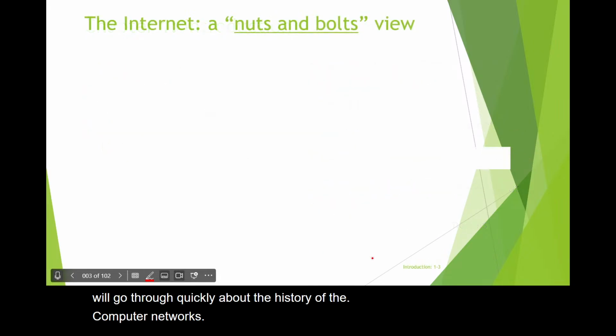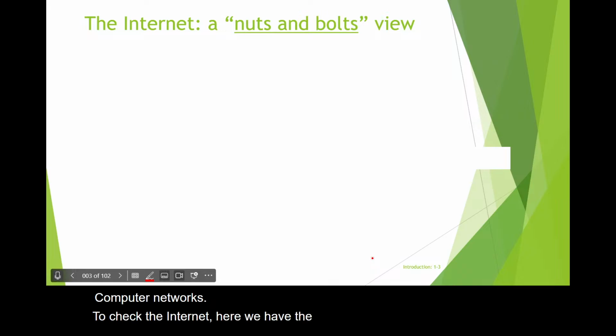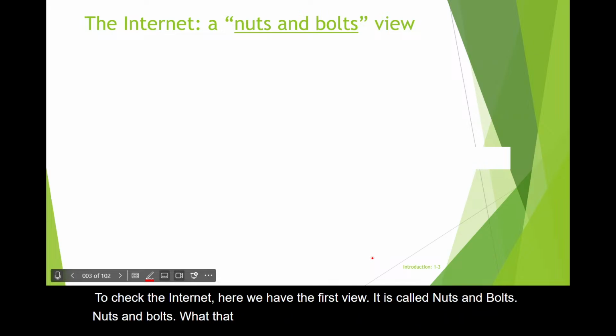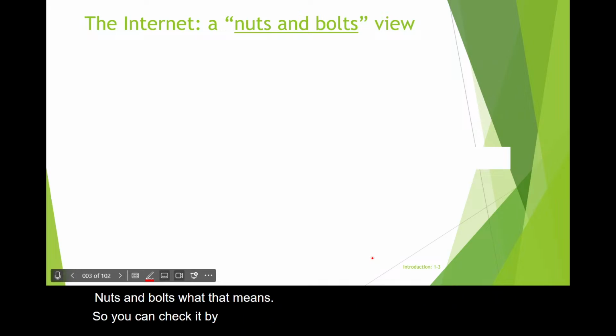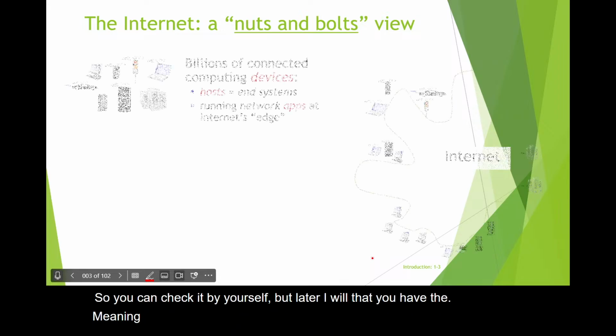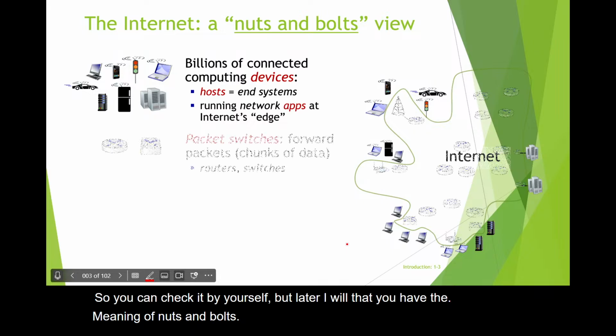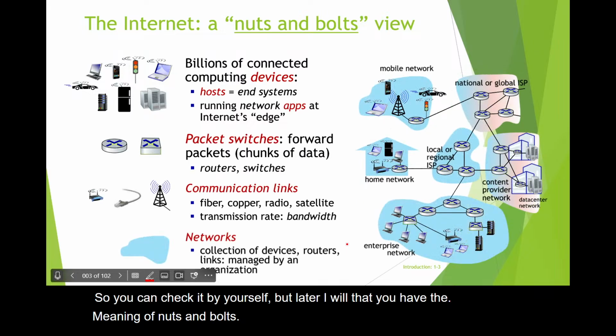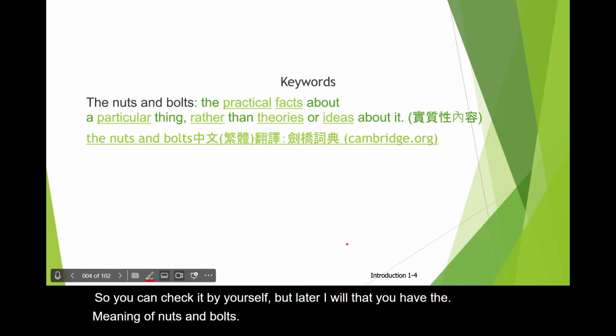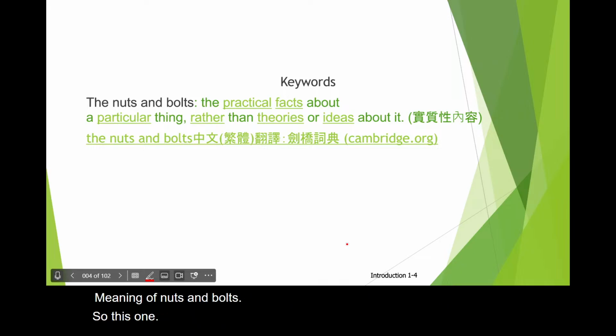Well, to check the internet, here we have the first view. It is called nuts and bolts. Well, nuts and bolts, what does it mean? You can check it by yourself, but later I will explain the meaning of nuts and bolts.